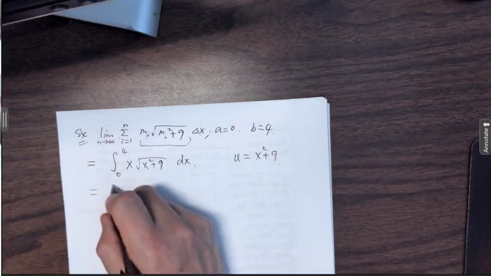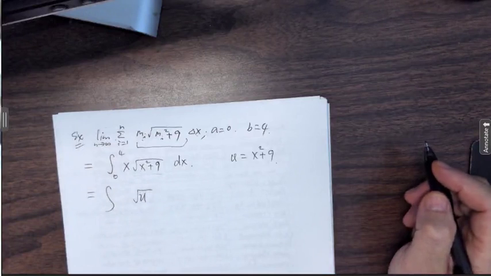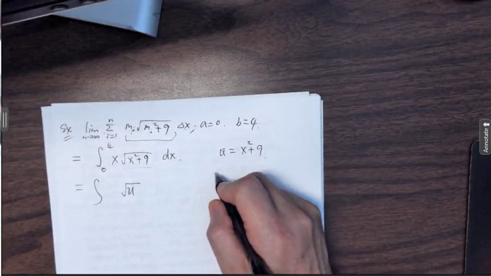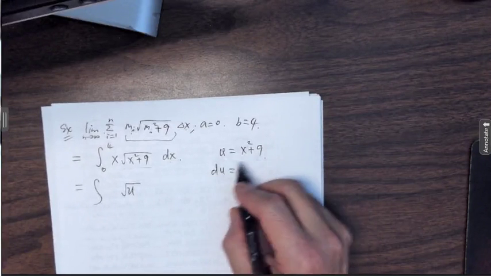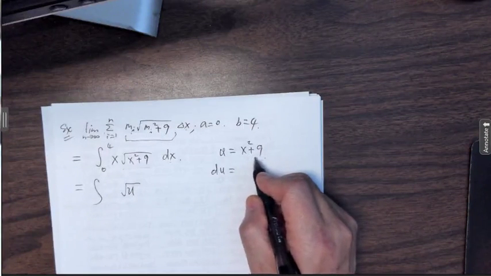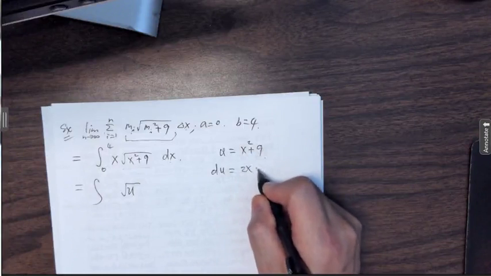This way, the radical becomes the square root of u. Now what about the dx? As you recall, we need to find how du and dx are related. So let's find the differentials on both sides. The differential of the left side is du, the differential of the right side is the derivative, which is 2x times dx.